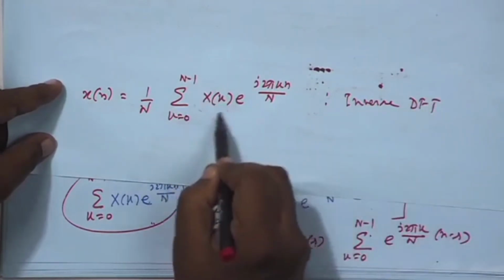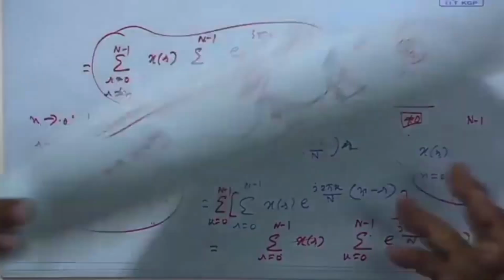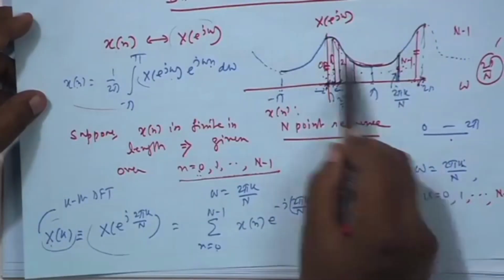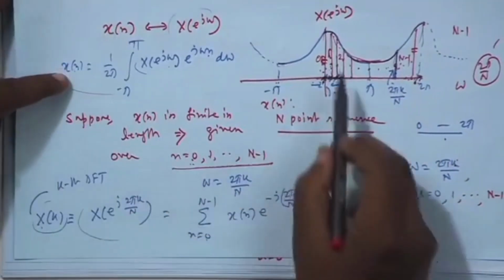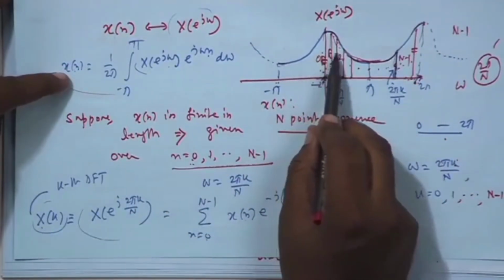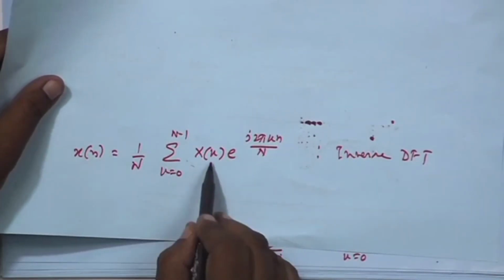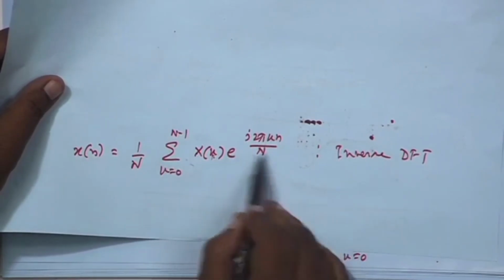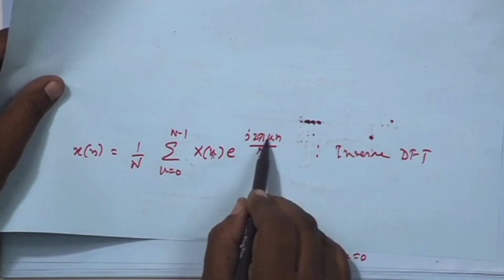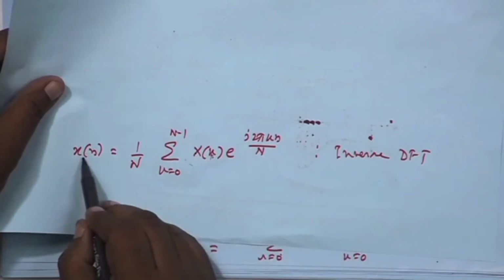That is, if capital N samples of the DTFT are available with me, that is capital X 0, capital X 1, capital X 2 up to capital X N minus 1, I can run a summation where k is varying. So capital X 0, capital X 1 like that, and multiply by this factor. k is varying, n is your choice from outside.